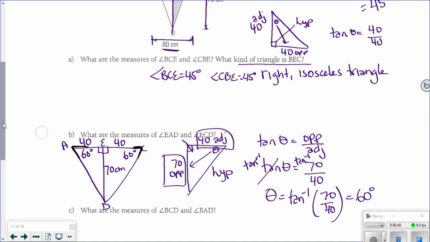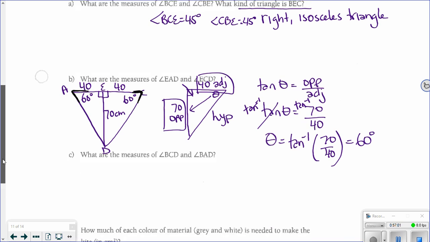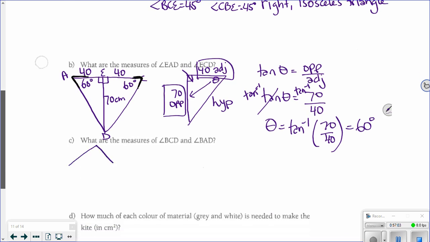The last piece says, what are the measures of BCD and BAD? When I'm looking at BCD, BAD, I'm just going to redraw my kite one last time. I got A, B, C, D. So BCD is this whole angle right here.